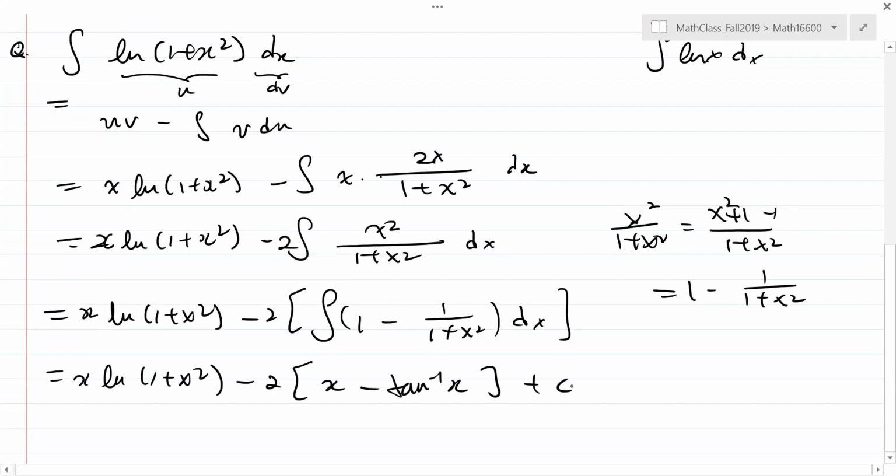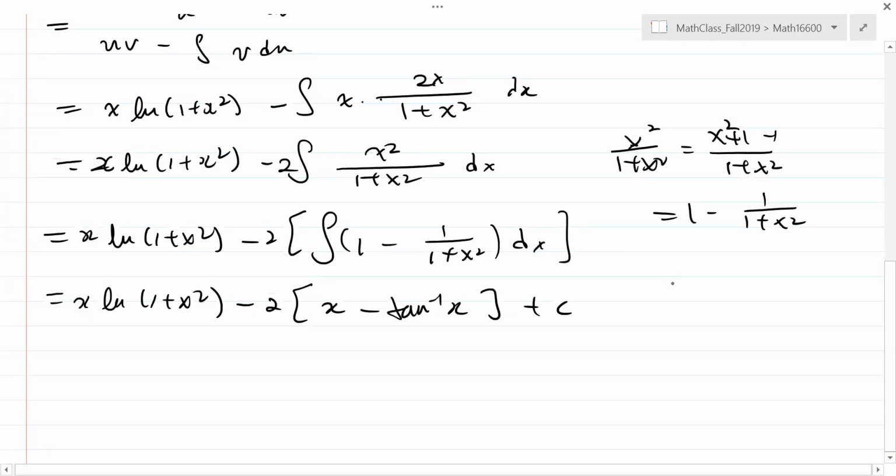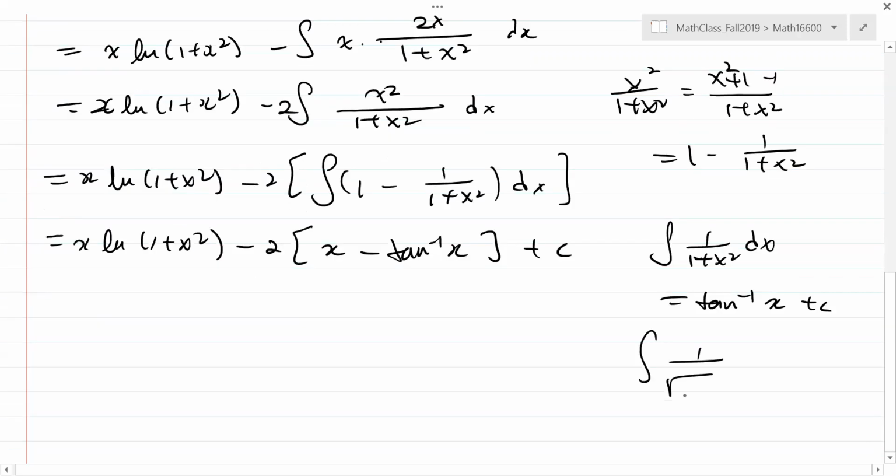Okay, so we know some formulas. Let's recall some formulas. Like the integral of 1 over 1 plus x squared dx is going to be arctangent x plus c. But how about the integral of 1 over the square root of 1 plus x squared dx? Do you remember that? Inverse hyperbolic sine x, I think.